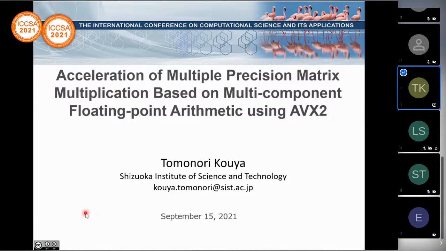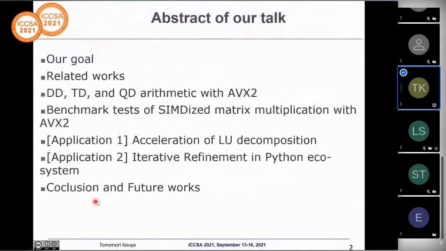My talk is a revised version of our presentation presented in ICCSA 2020. This is the abstract of our talk. First, we show our goal and related works, and after that, we explain our targeted multiple precision arithmetic accelerated by using AVX2 techniques.